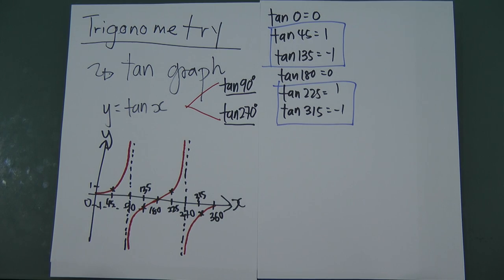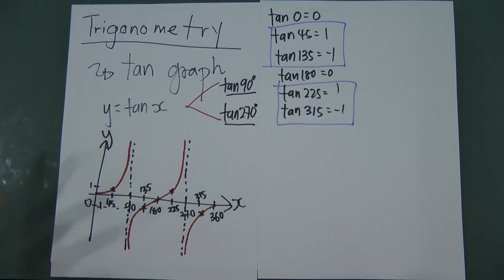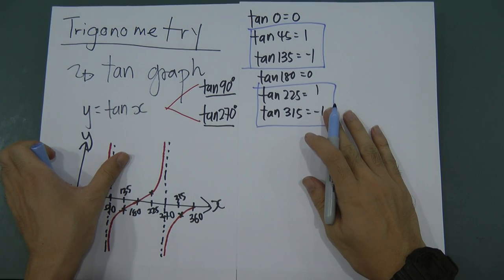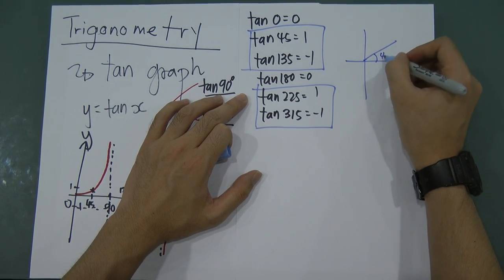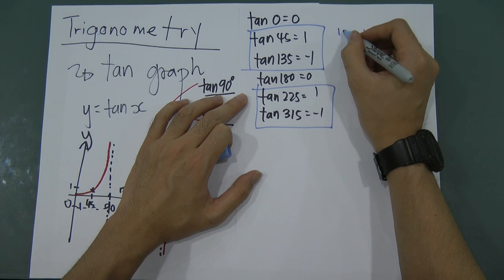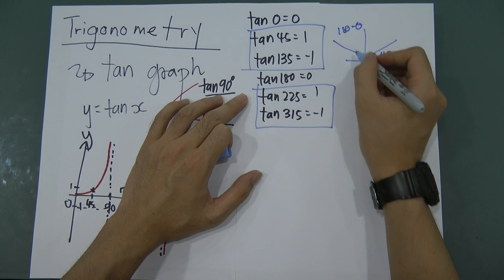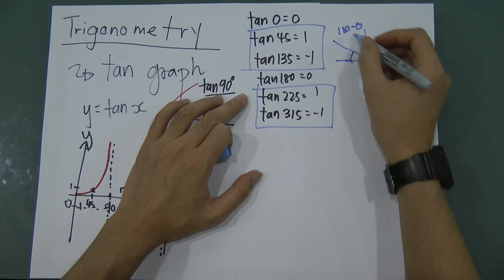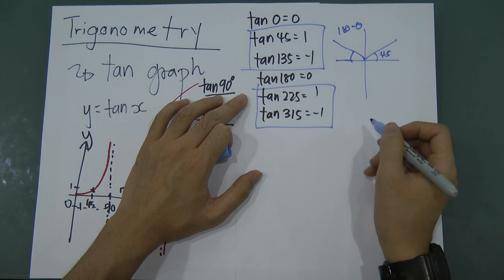So normally how do I remember all these angles? It's very easy, because in the last few videos I taught about the quadrants, correct or not? If the first is a 45 angle, in the second quadrant we call it 180 minus angle, right? So 45 in the second quadrant will be 135, because it's 180 minus angle.